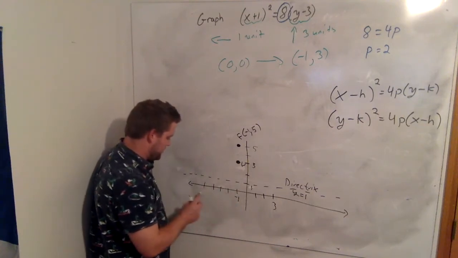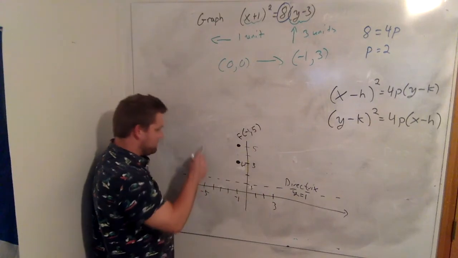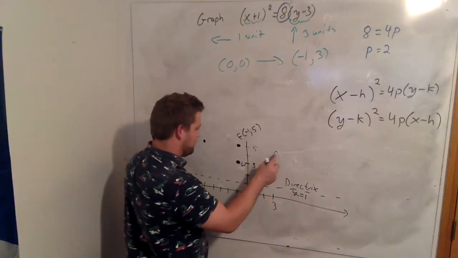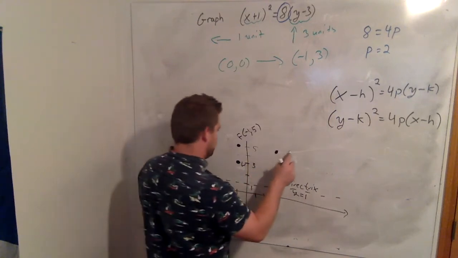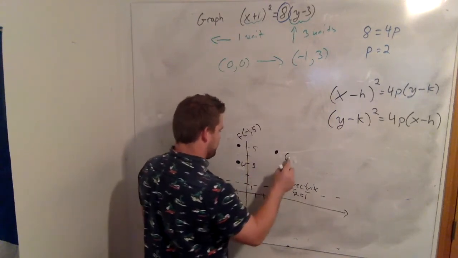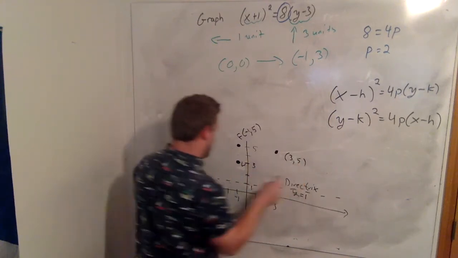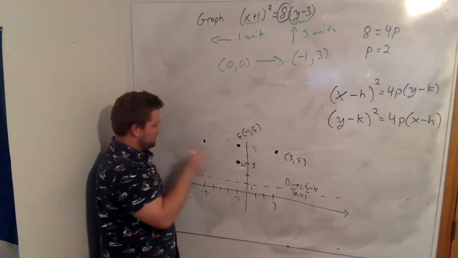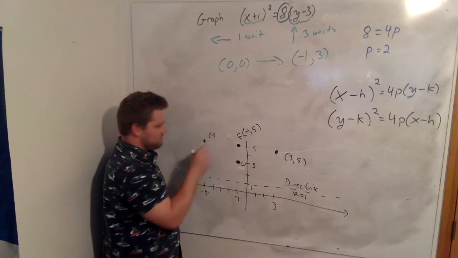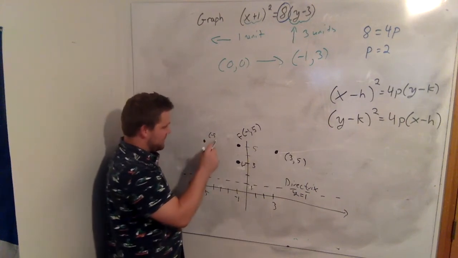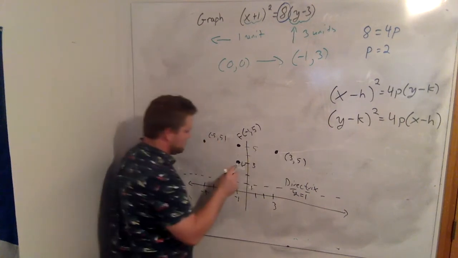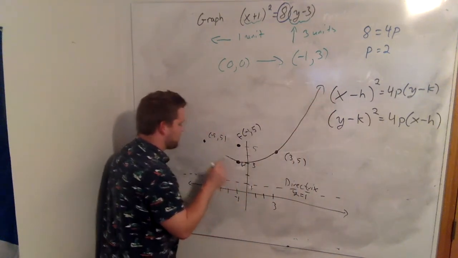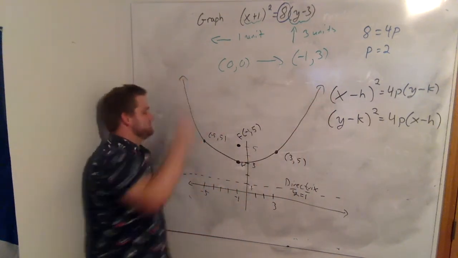So this point will be on the parabola, with coordinates 3, 5, and this point here will be on the parabola with coordinates -5, 5. So we can sketch our parabola. And here it is.